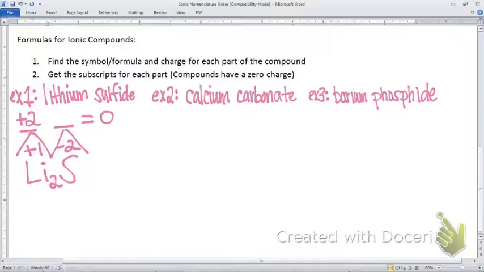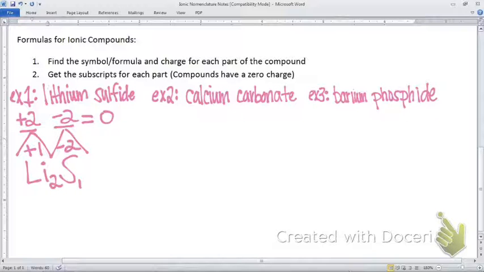We need to cancel out that +2, the -2. So we need to multiply a subscript by -2 in order to get -2 up top. The subscript for S will have to be 1. 1 times -2 is going to give us -2. +2 minus 2 is going to equal 0.